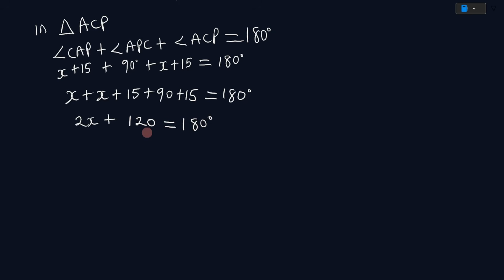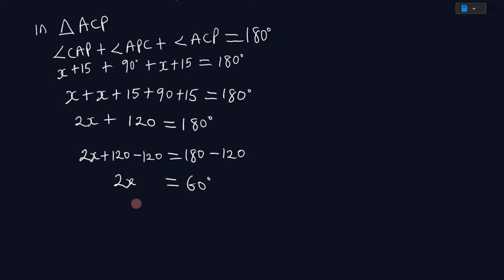We'll subtract 120 from both sides in order to eliminate 120 on the left hand side. So we'll have 2x plus 120 minus 120 equal to 180 minus 120. 120 minus 120 is 0, that's why it cancels out. 2x is equal to 180 minus 120, which is 60 degrees.